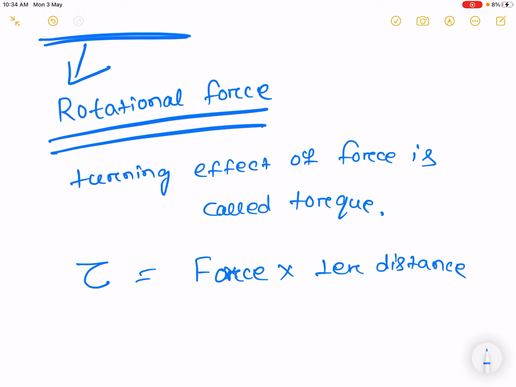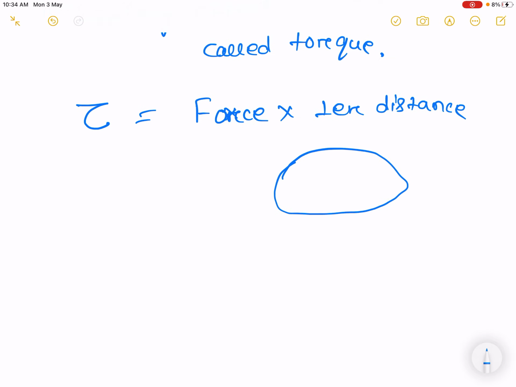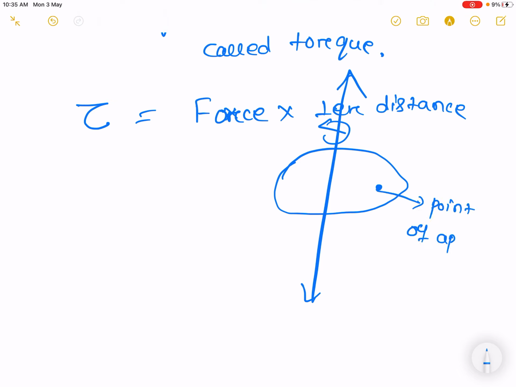Where does the perpendicular distance arise? If this is your rigid body, let the body rotate about this axis. This is your axis of rotation. Then here let us apply a force. This point is known as the point of application of force. Now we draw the perpendicular distance.